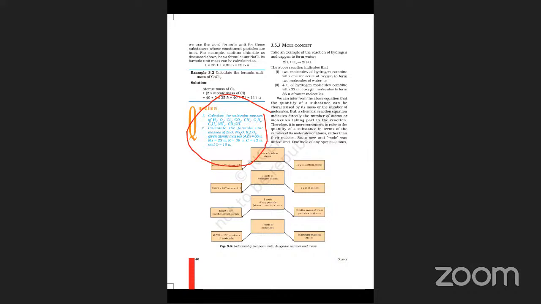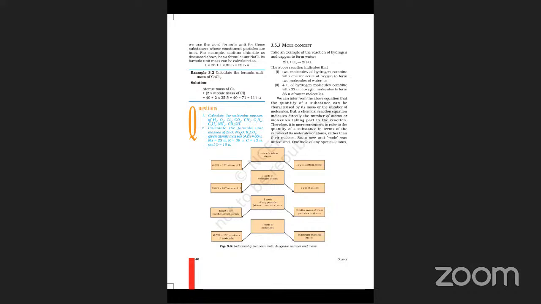Advay, can you just explain again what is formula mass and what is molecular mass unit? Yes, sir. In molecular mass unit, we take a compound which does not have a charge in its atoms, and then we multiply the number of atoms with its atomic mass, and then add the two elements.